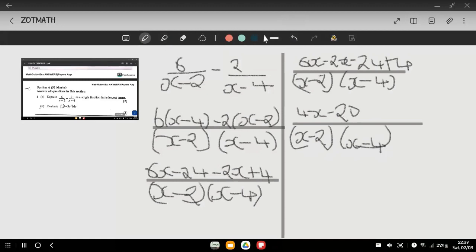So this is how we solve this question. Now let's check if there's a way in which we can simplify this further. If there is no way, we can just leave it here, okay?